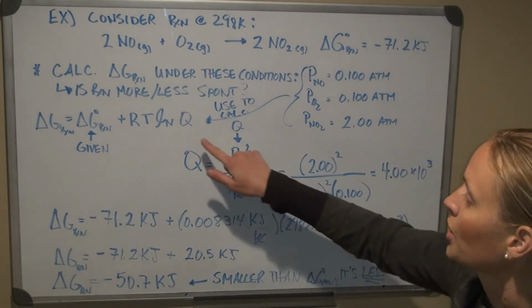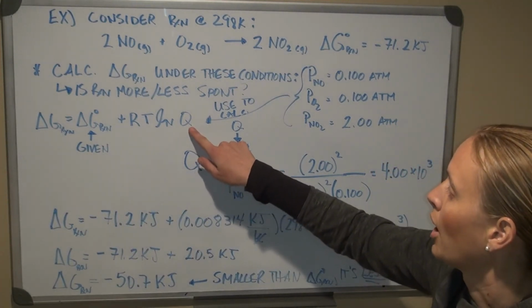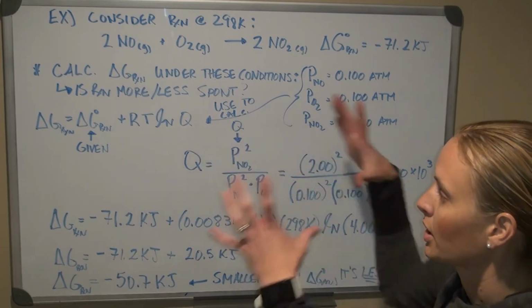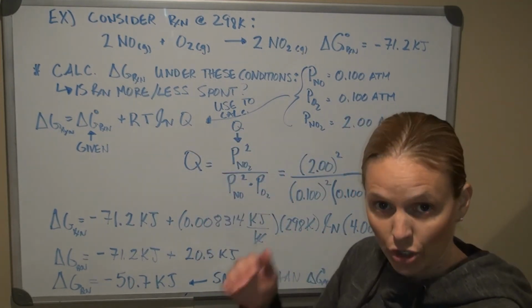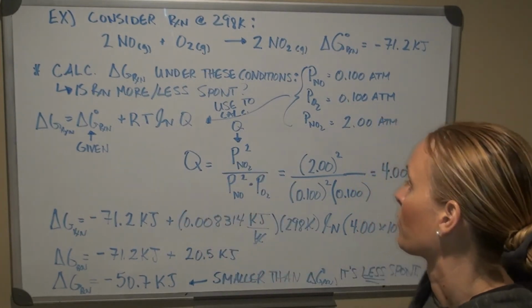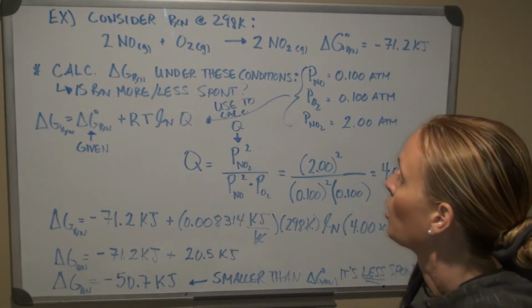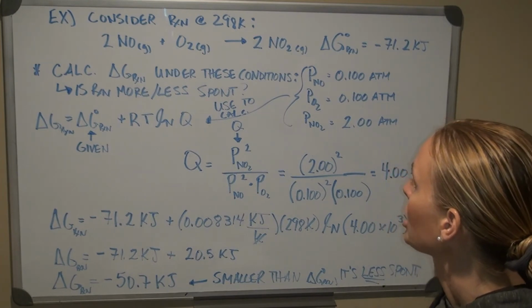So the first thing I want to do is calculate Q, because Q is going to be the equilibrium expression, the pressures of the products over the pressures of the reactants raised to their respective mole coefficient values for the exponents.